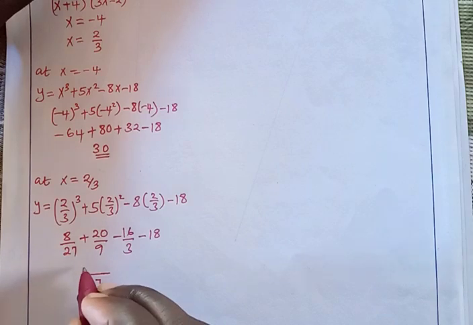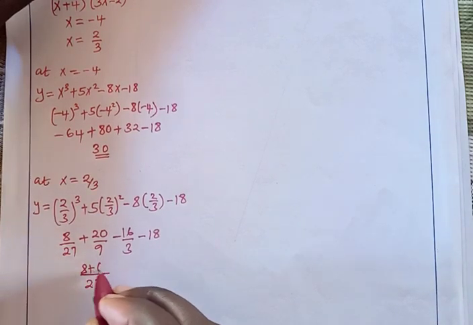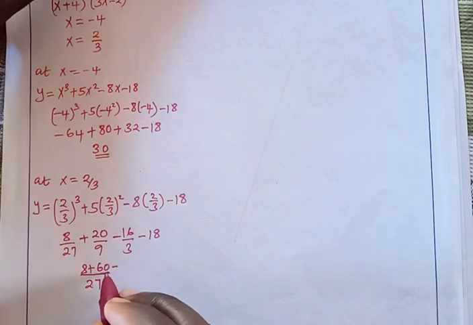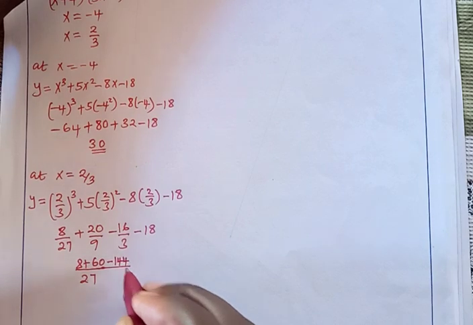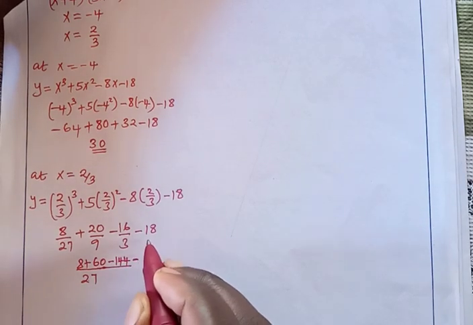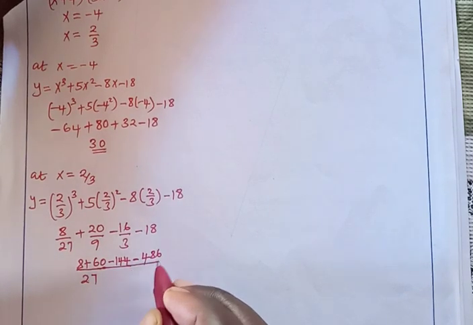This goes here once: 8, plus 3 times 20 is 60, minus 9 times 16 is 144, minus 18 times 27 is 486.